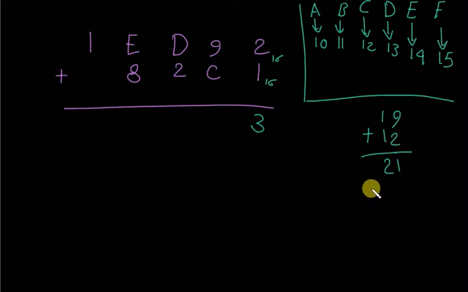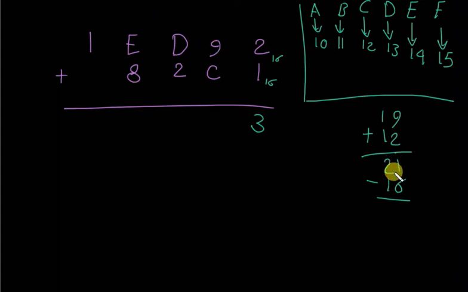Now I want to transfer it to hexadecimal. In order to do that, you have to take 16 off of this. So minus 16. Because whenever we reach 16, then we have a carryover of 1.